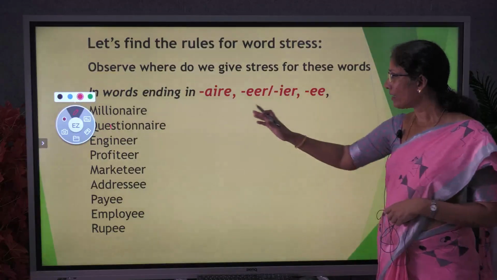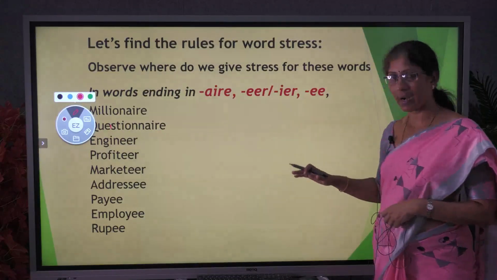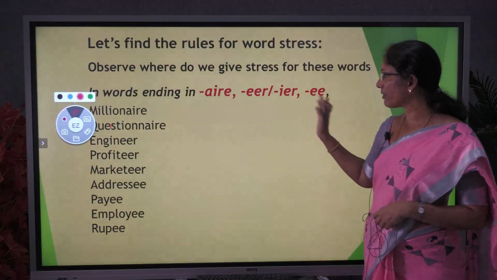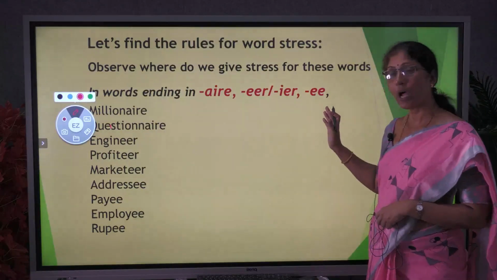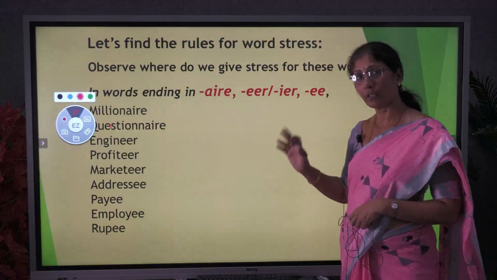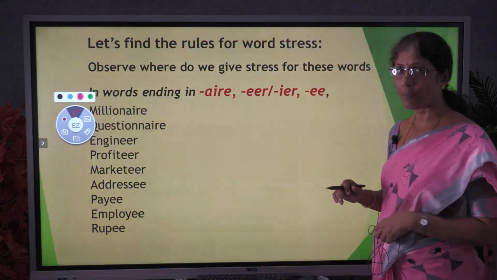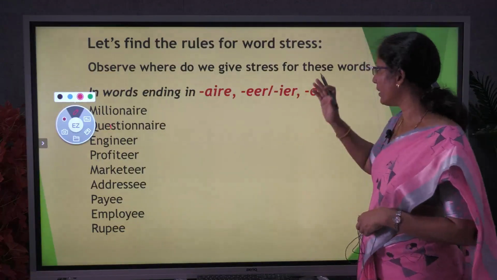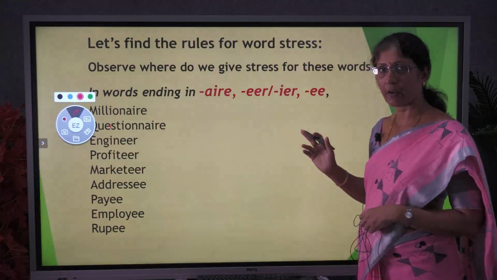When these suffixes are added, if you observe, these suffixes end with a vowel sound. See that A-R-E, A-R, that R is unpronounced. E-R, I-E-R, E-E.